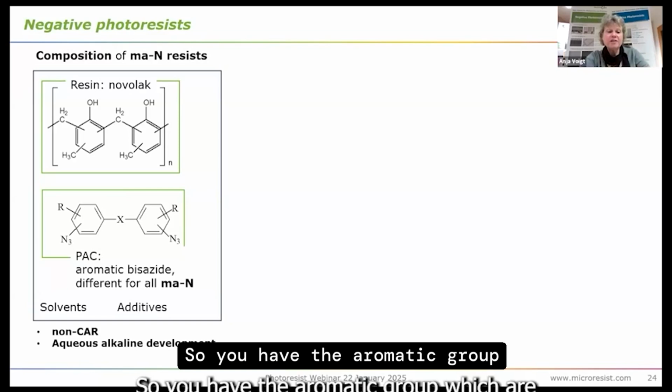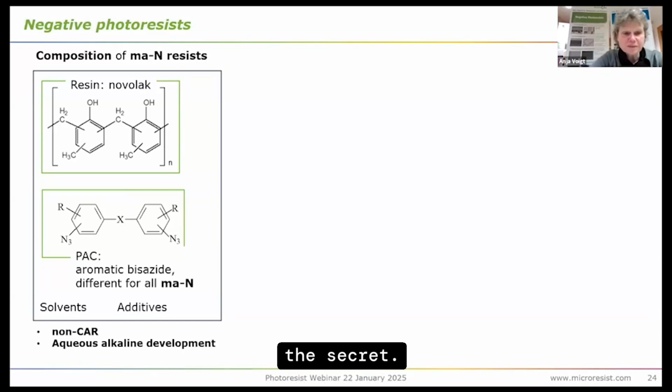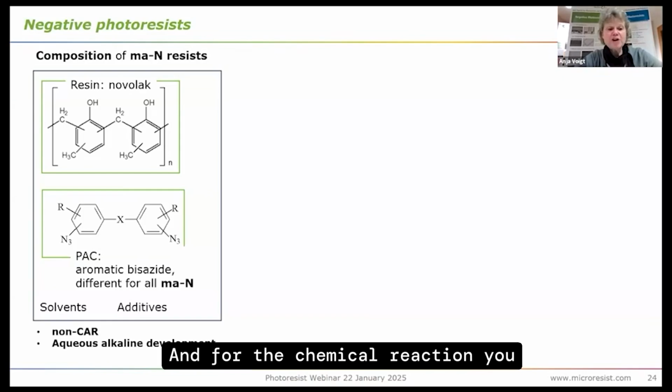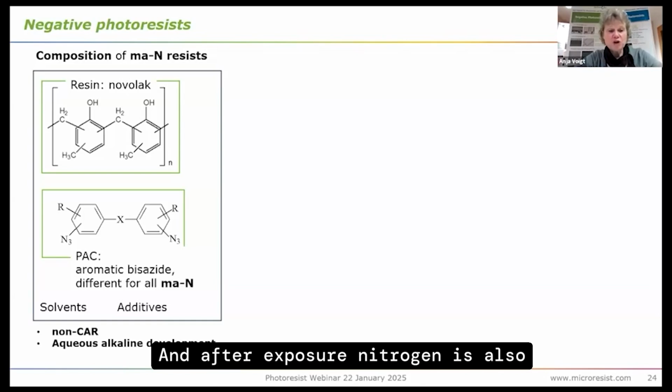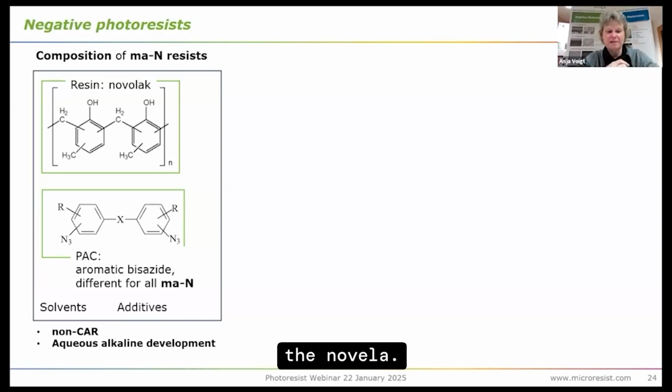So you have the aromatic groups, which are connected via an X with the azide. And for the chemical reaction, you need the azides on both sides. After exposure, nitrogen is generated and a radical is generated, which connects or reacts with the Novolac.